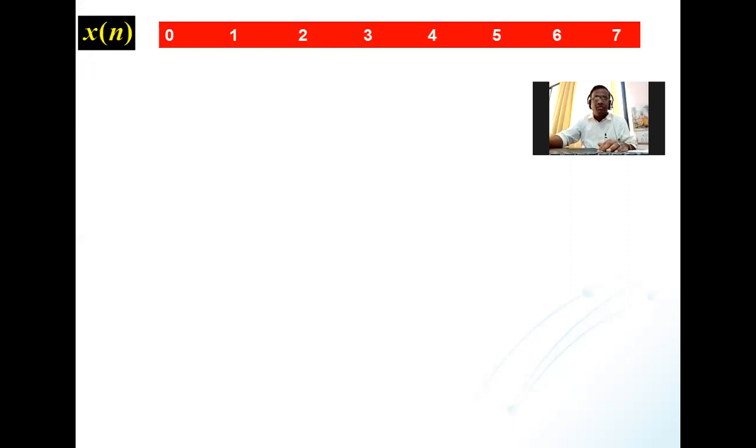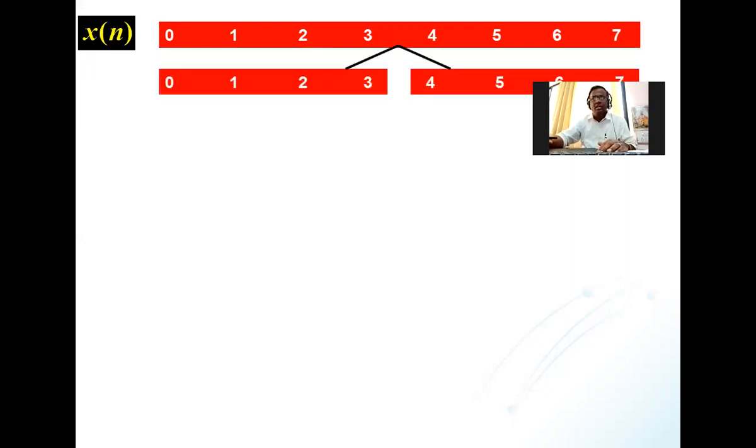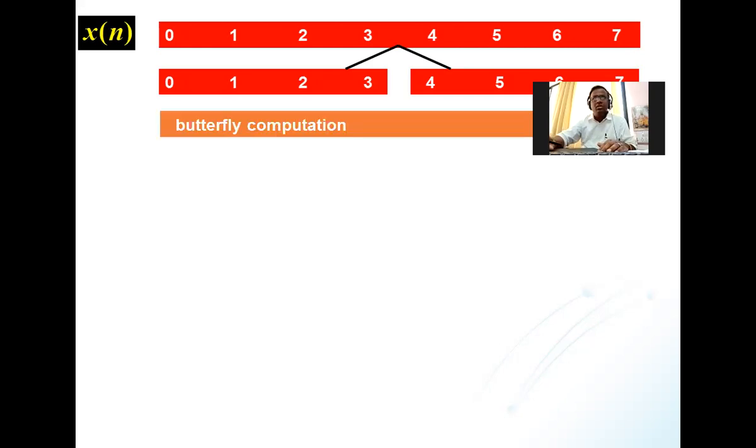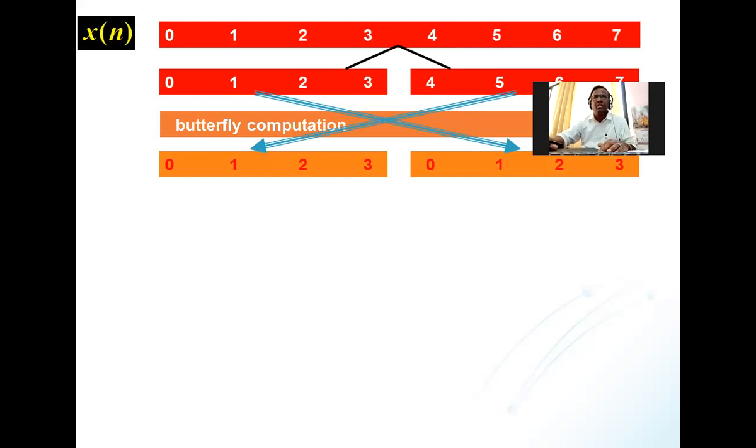We divide it into two parts, like 4-point values. And then, again, with the help of butterfly computation, this is how the butterfly computation is used for this DIF FFT algorithm.